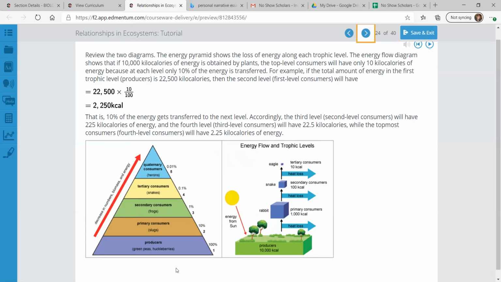So it went from 22,500 to 2,250 to 225 to 22.5 to 2.25. So 22,000 to 2. Energy flow and trophic levels. Heat loss, heat loss, heat loss. A lot of it is lost.